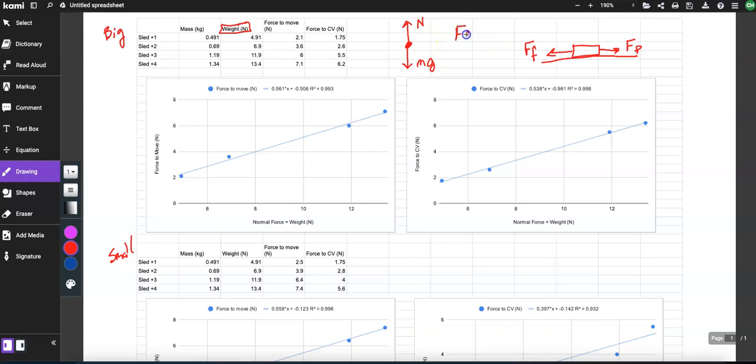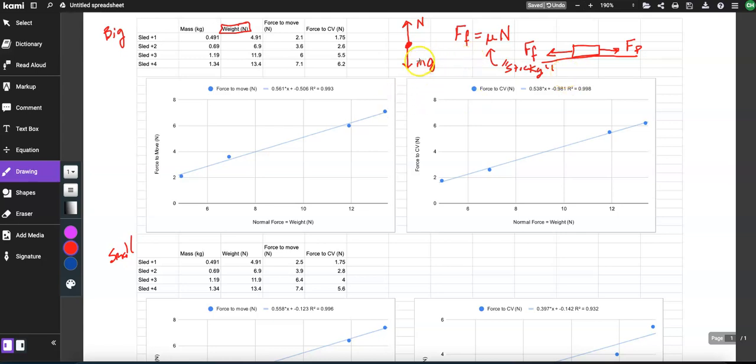The force of friction is equal to this funny symbol here called mu, or the coefficient of friction, times the normal force. And this coefficient of friction tells you basically how sticky the surface is, or how hard it is to slide.